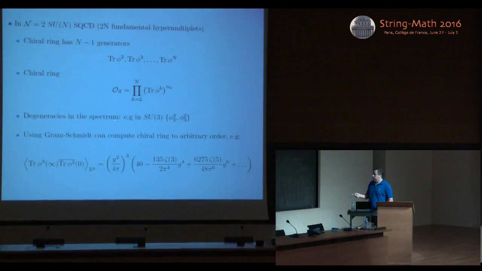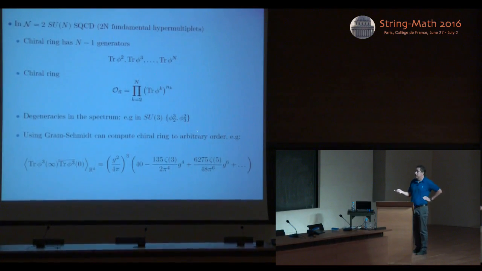One important difference with the other case is that now you can have degeneracies in the spectrum. In the case of a single generator in the chiral ring, there was only one operator of a given dimension. Here, of course, you can have degeneracies because when you start multiplying different generators in the ring, you can get operators of the same dimension. So for example, in dimension 6, for SU(3), you can get phi_{2,3} and phi_{3,2}, so the trace phi squared cubed or trace phi cubed squared.